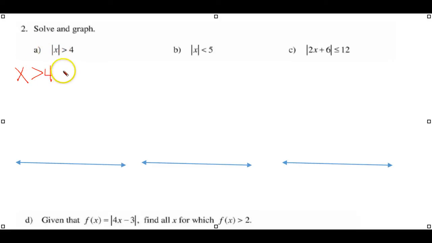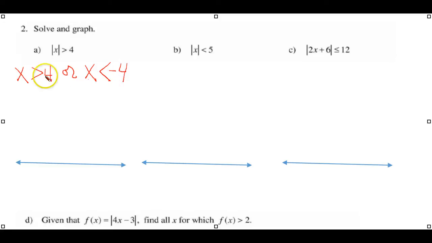That's 1. Then we have or the absolute value of x, which will be x. But now we have to reverse the direction of our inequality sign from greater than to less than negative 4.